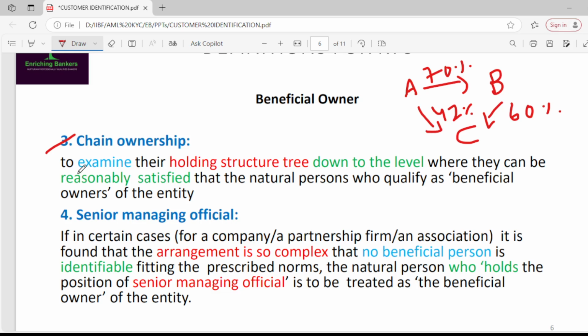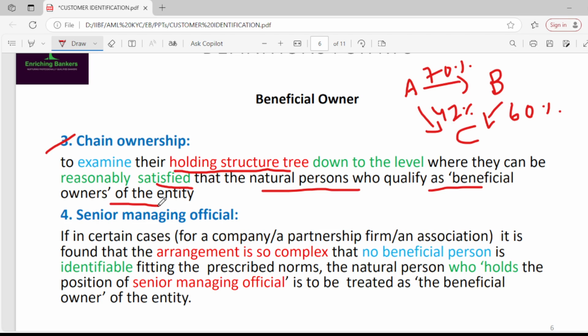Okay. To examine the companies' or any entities' holding structure tree, down to the level where they can be reasonably satisfied that natural persons qualify as beneficial owners. If it is a chain ownership structure, then that structure needs to be traced down to the level where the natural person qualifies as beneficial owner.